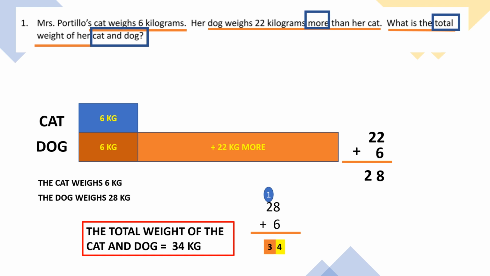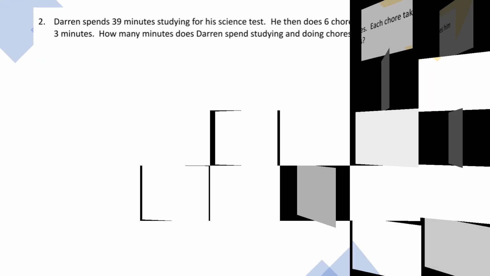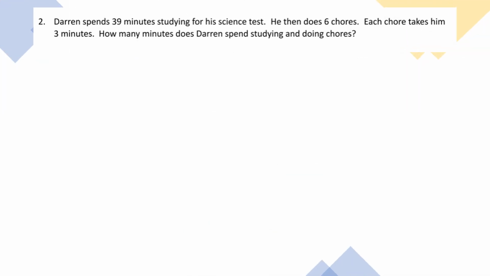Let's move on to number 2. Number 2 says, Darren spends 39 minutes studying for his science test. He then does 6 chores. Each chore takes him 3 minutes.